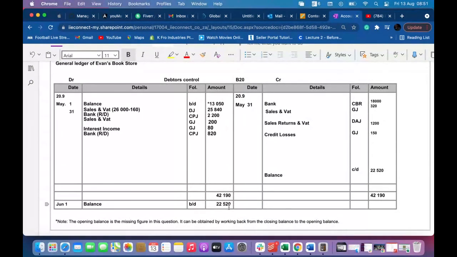So we say, this is our balance brought down, and this is then our balance carried down. We could see that this side is smaller. There's only 18,000 here, 1,200 here, 150, 320 there. Here we've already got 25,840. So we know this is the bigger side, so this is where we're going to have balance carried down. And this is obviously then going to be balance brought down.